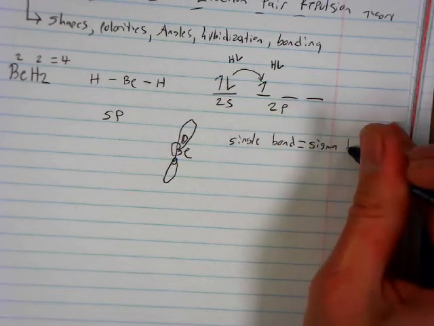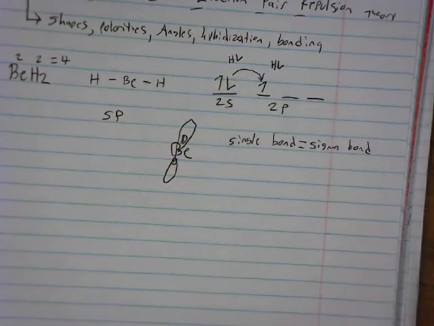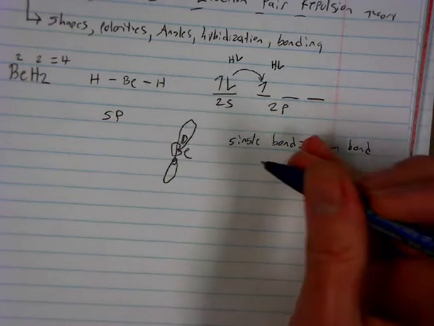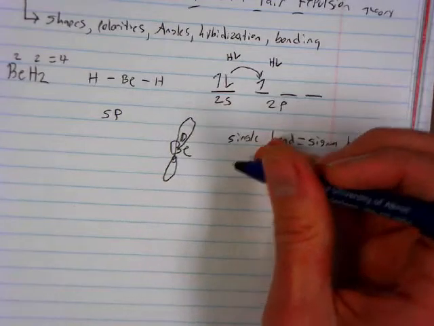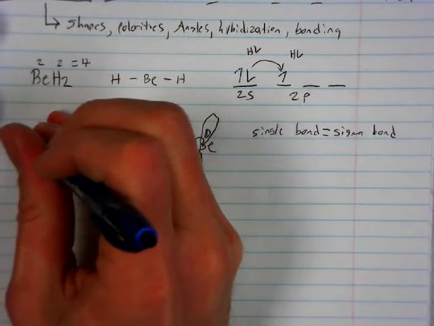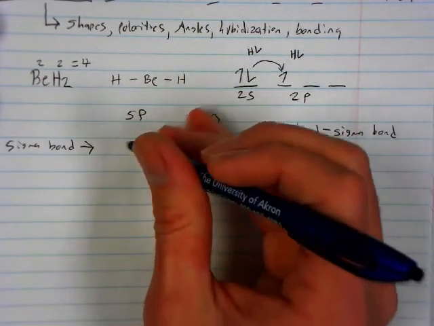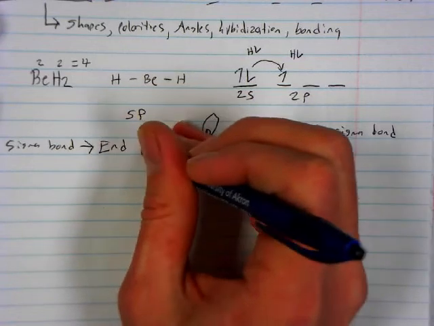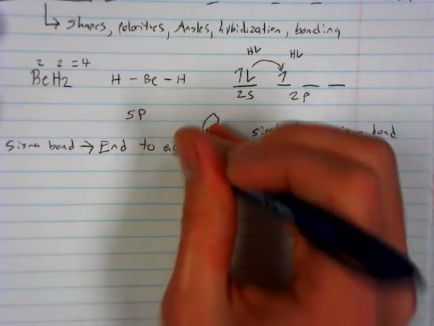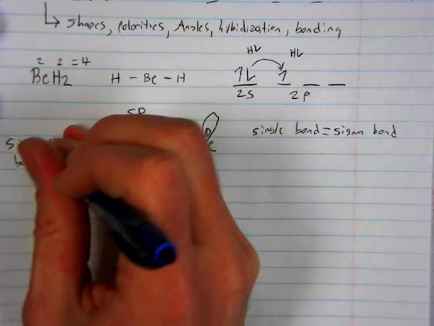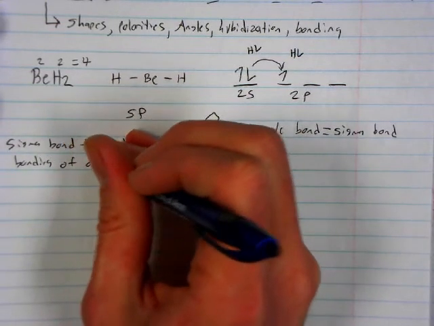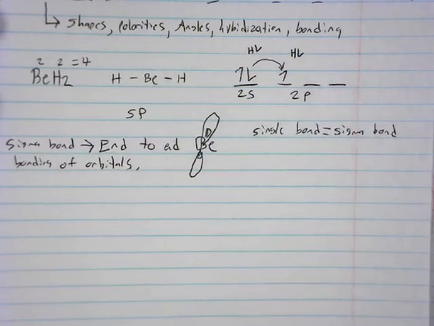Couple other minor things we've got to know is that a single bond is called a sigma bond. A single bond is a sigma bond. And to understand what a sigma bond is, we should define that. A sigma bond is end-to-end bonding of orbitals.